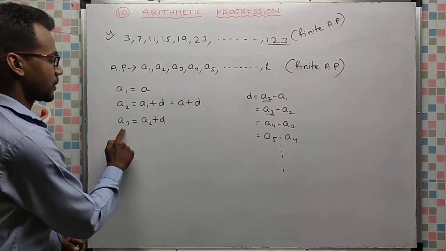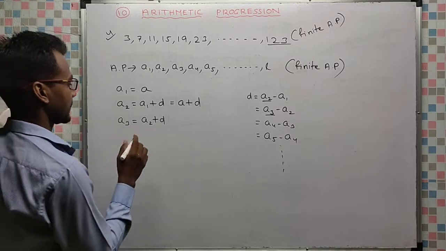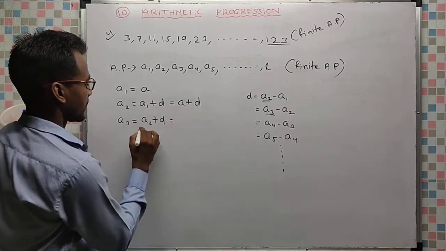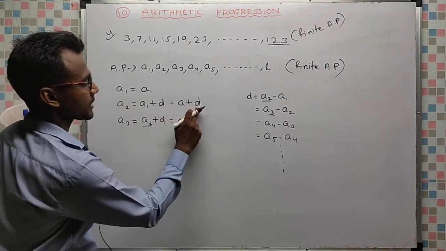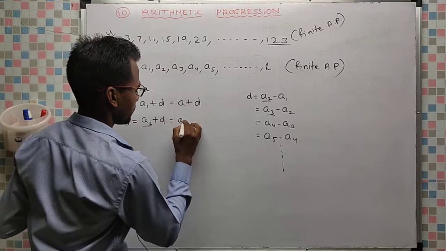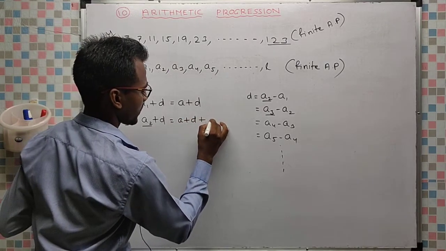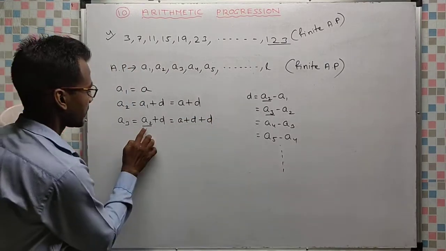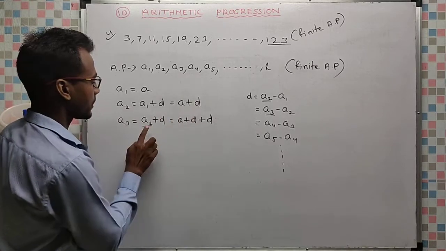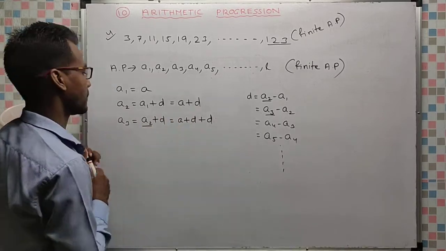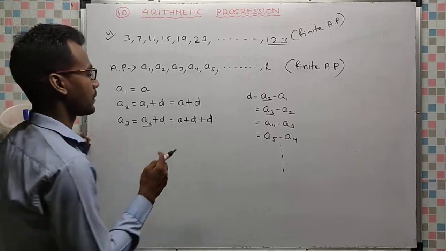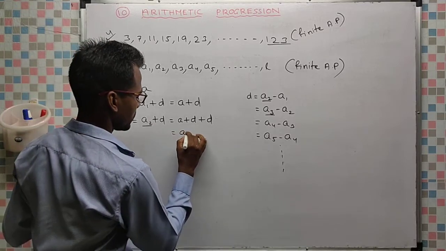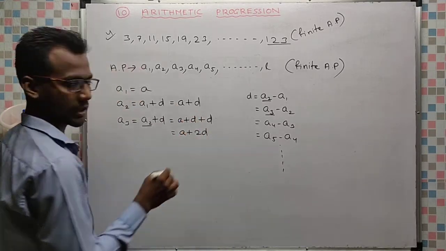What is A2? a plus d. So in place of A2 I put a plus d, so a plus d plus d, which is equal to a plus 2d.